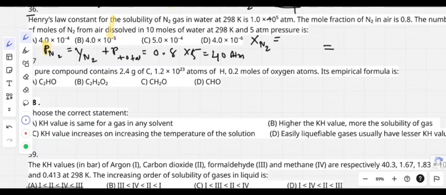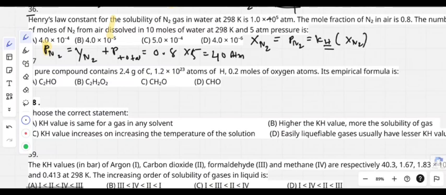Then the second step is to calculate the mole fraction of nitrogen in water. P of nitrogen is equal to KH multiplied by X of N2.